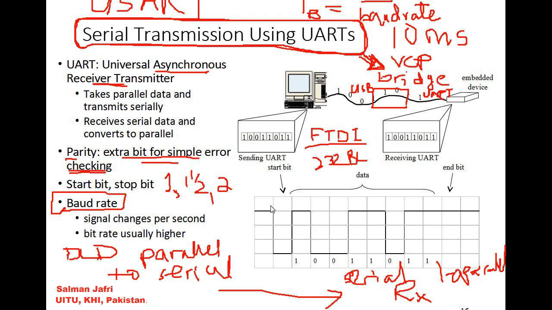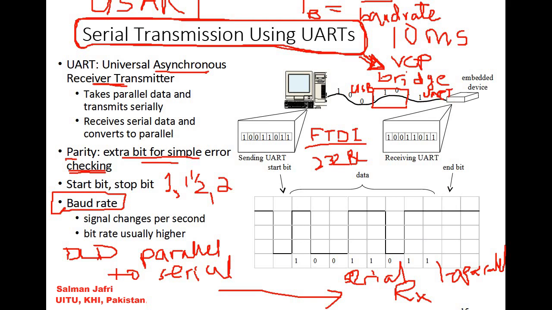One important thing, a very important point, is that when the transmitter and the receiver are transmitting and receiving using a UART, the baud rate for both the transmitter and receiver must be the same. The number of data bits transmitted must be the same. The number of start bits setting must be the same for both, and the number of stop bit settings must be the same for transmitter and receiver.